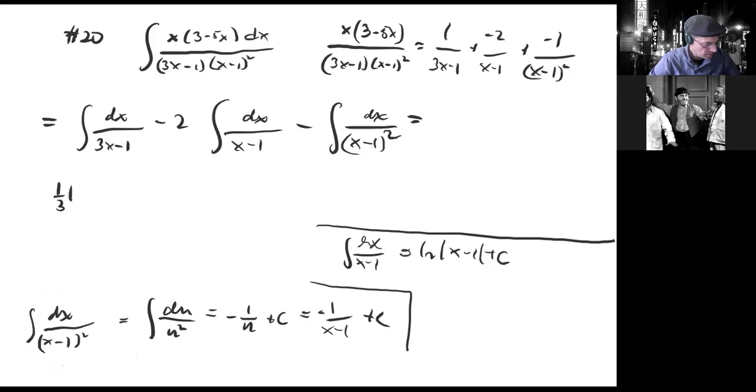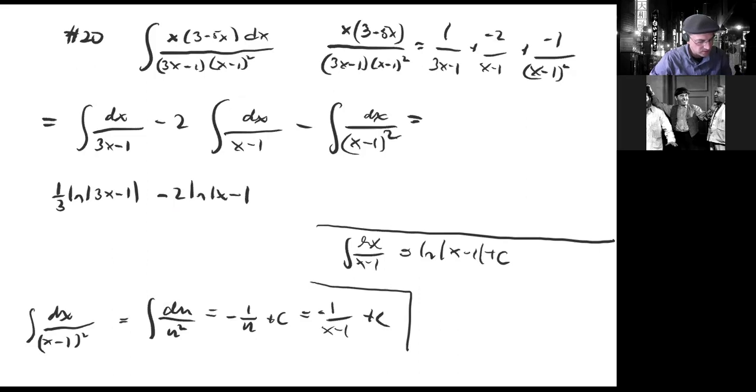1/3 ln absolute value 3x minus 1 minus 2 times negative 1 over x minus 1. That becomes a plus 2 over x minus 1. And then minus the integral of x minus 1 squared. Oops, that's a mistake. Sorry. It should be minus 2 ln absolute value x minus 1.